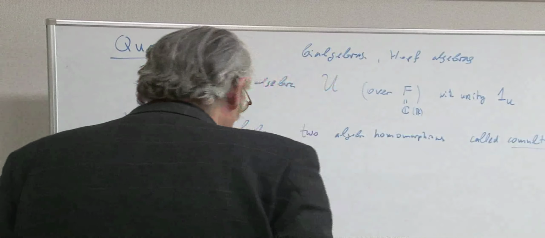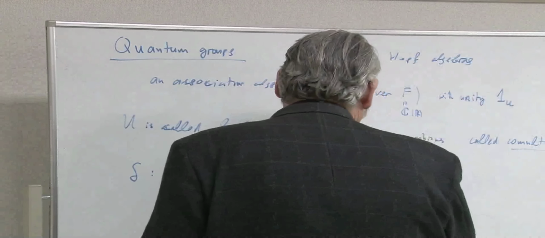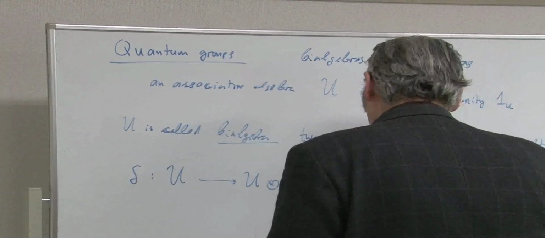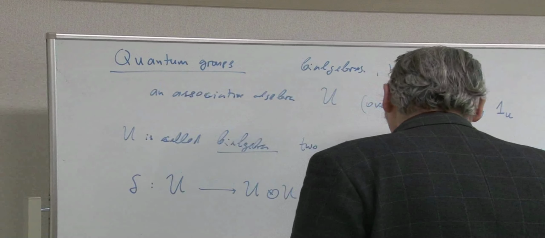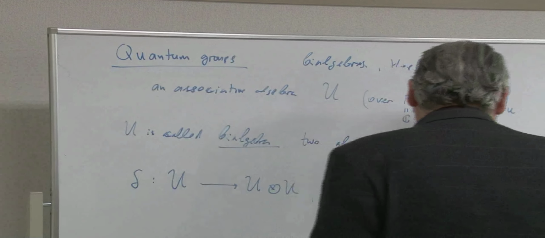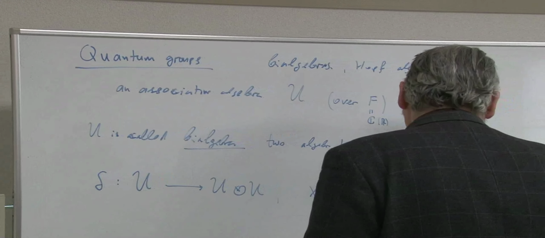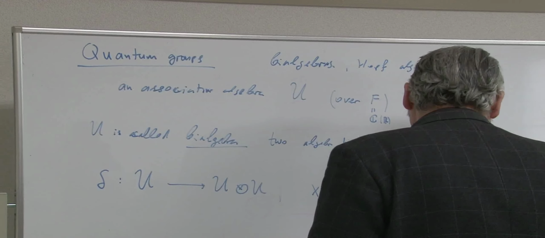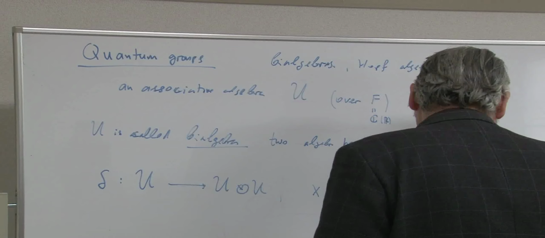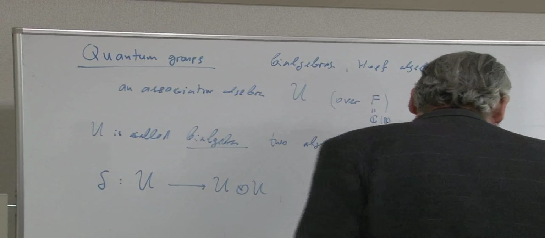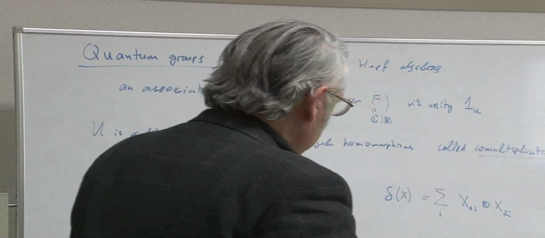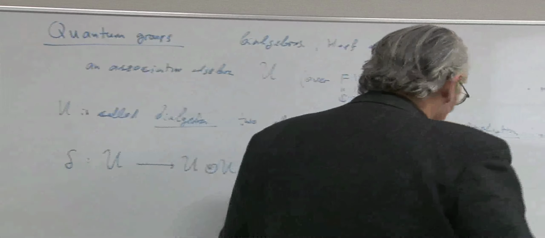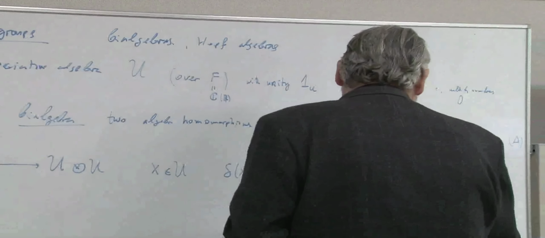What it means is that if x belongs to the algebra U, then delta of x would be represented like a sum over i of x1i tensor x2i. It's a finite sum. So you have some elements, and all of these belong to the algebra itself.